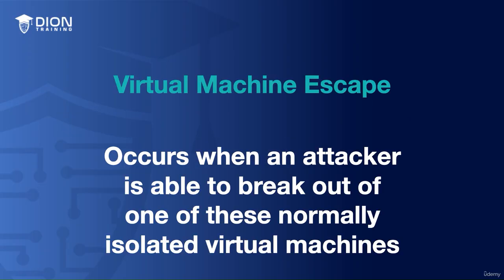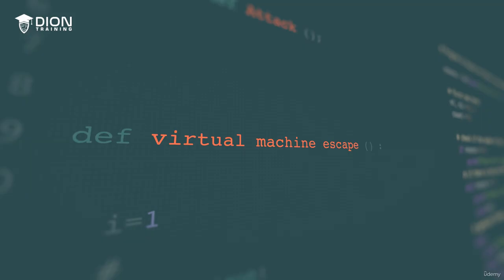Virtual machine escape, or VM escape, occurs when an attacker is able to break out of one of these normally isolated virtual machines and begin to interact directly with the underlying hypervisor. From this position, the attacker could migrate themselves out and into another virtual machine being hosted on the same physical server.